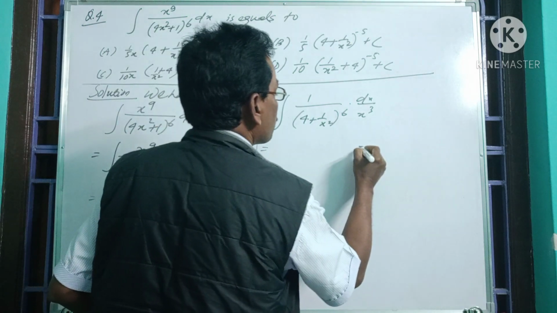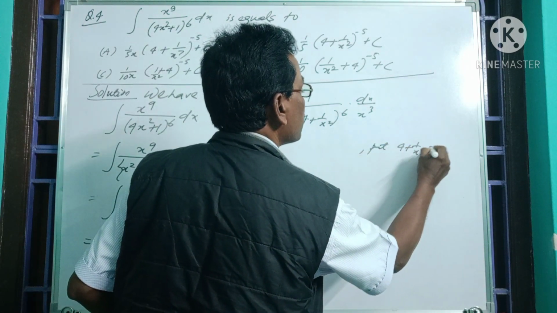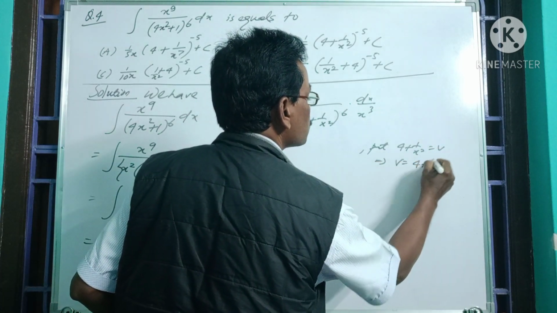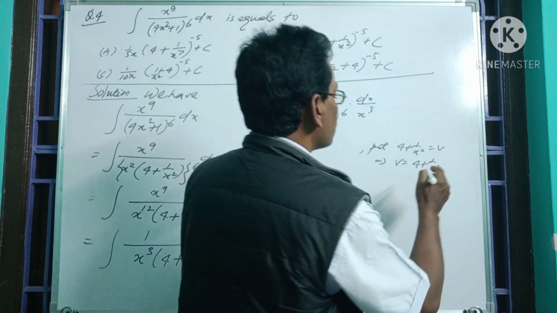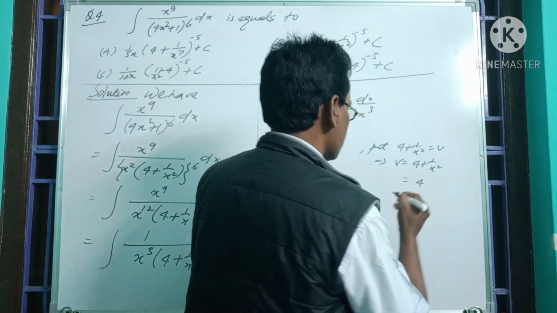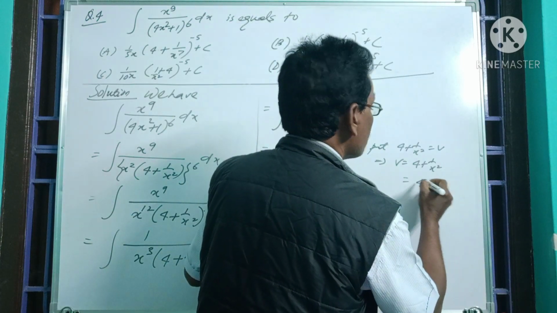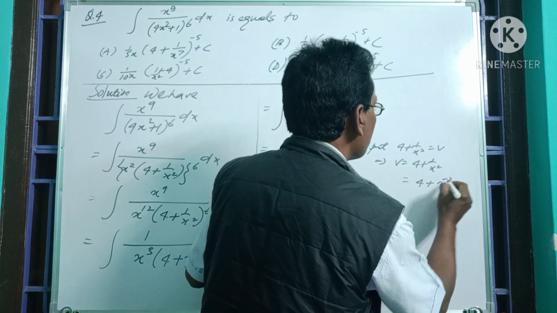So let us substitute 4 plus 1 by x square as v. So replacing, we have v is equal to 4 plus 1 by x square. So now v is a function of x. It can be expressed as 4 plus x to the power minus 2.